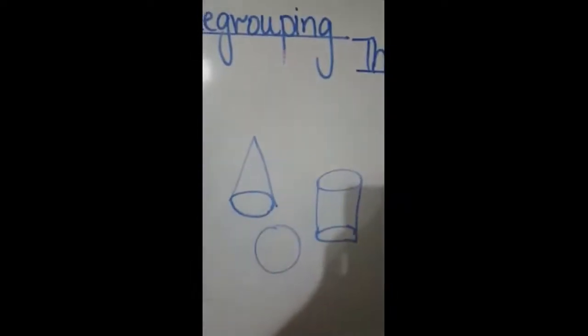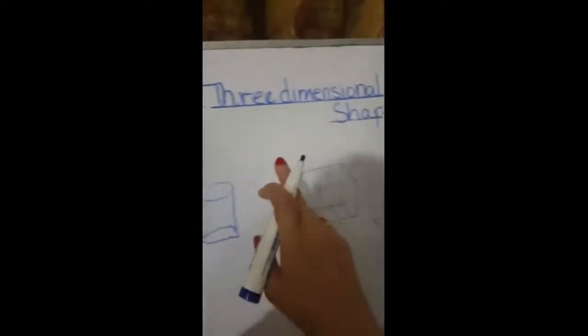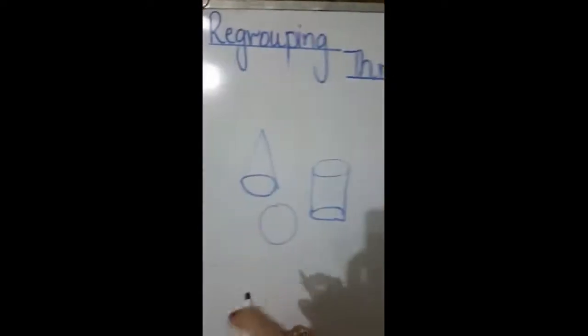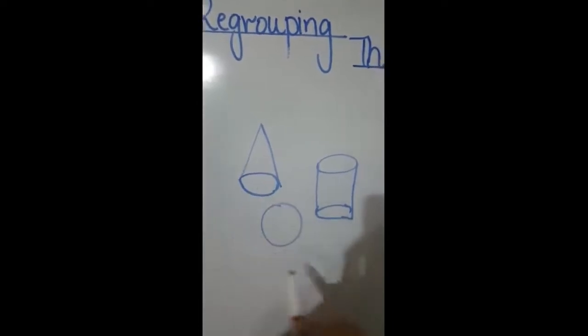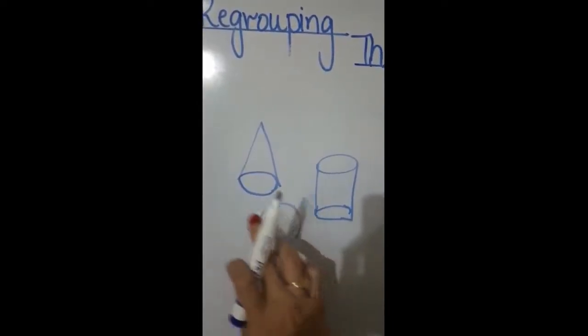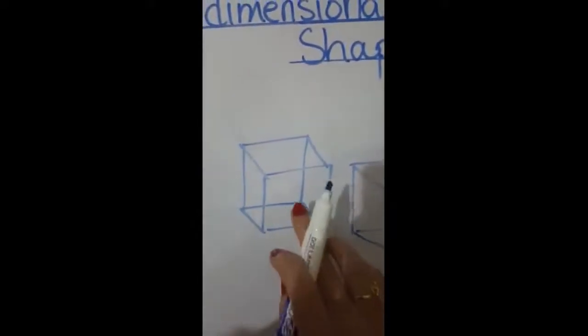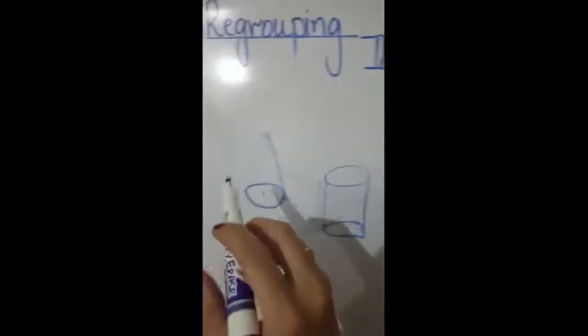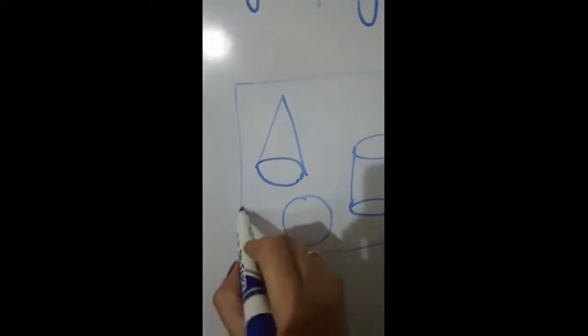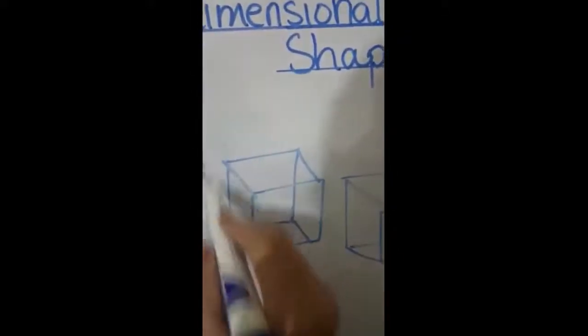Now let's have another example of regrouping three-dimensional shapes. How? You can see these three shapes: sphere, cone, cylindrical. And here are cube and cuboid. Now I'll make a group of one over here and the other group of cube and cuboid.